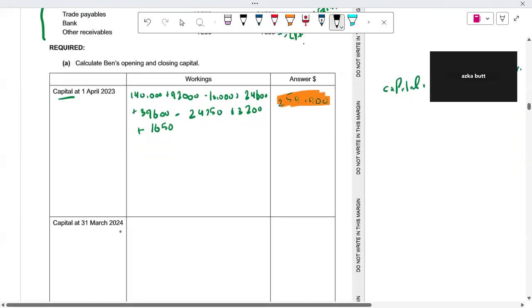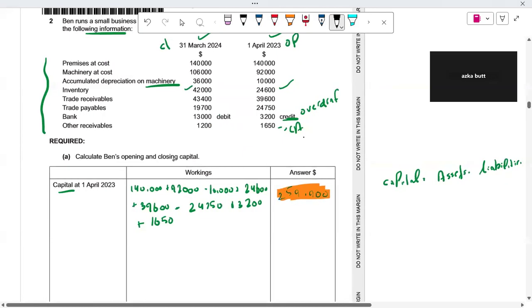Now let's find out the closing capital for the year end. So the entries are again very simple.